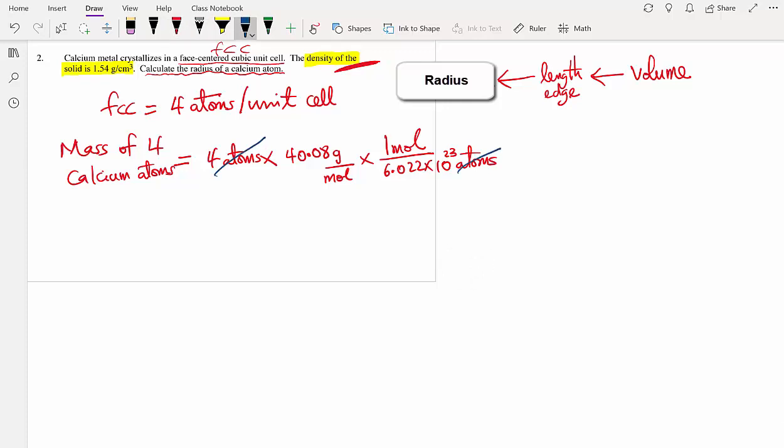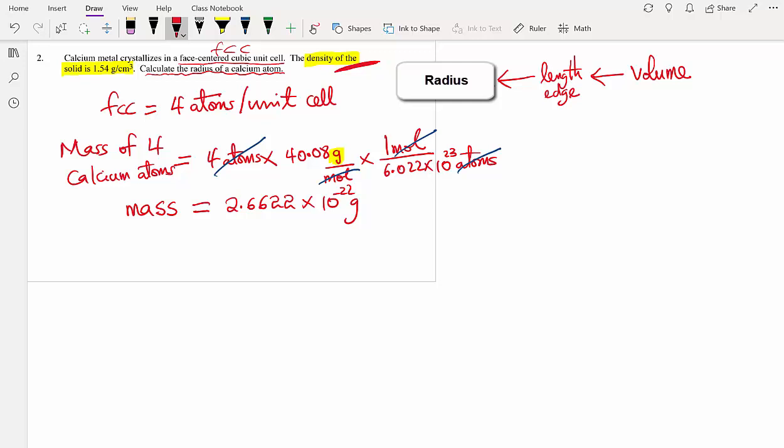Atoms will cancel out, moles will cancel out. So we are left with grams as the only unit. If you plug these numbers into your calculator, you will get mass of the unit cell is equal to 2.6622 times 10 to negative 22 grams.